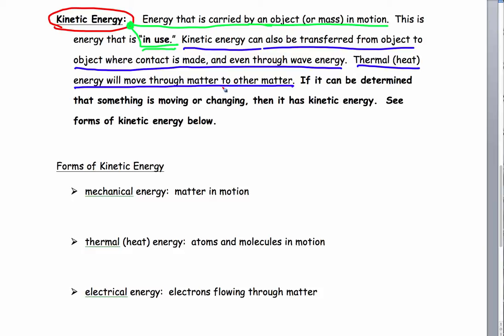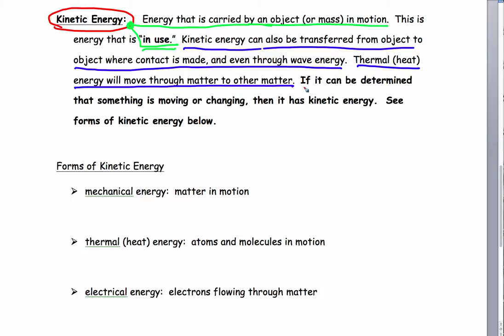Because the thermal heat from the fire moved through the frying pan and into the hamburger. So, thermal energy is heat energy moving through matter. Sometimes it moves through air.